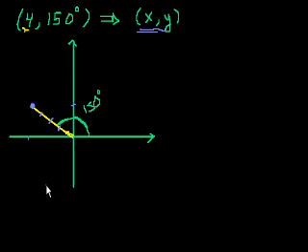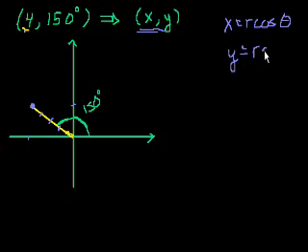So what are the tools that we came up with in the last video? Well, we came up with x is equal to r cosine theta, and that just fell out of SOHCAHTOA, nothing fancy there. And y is equal to r sine theta.